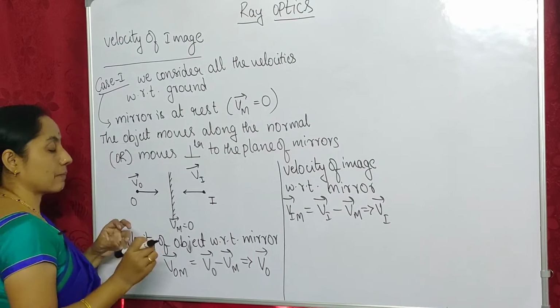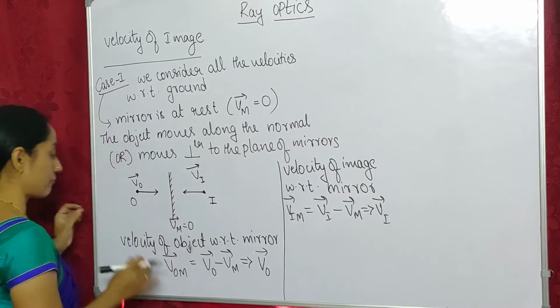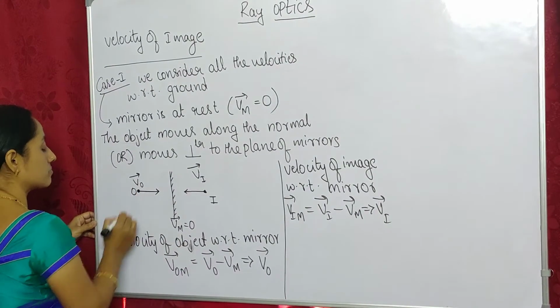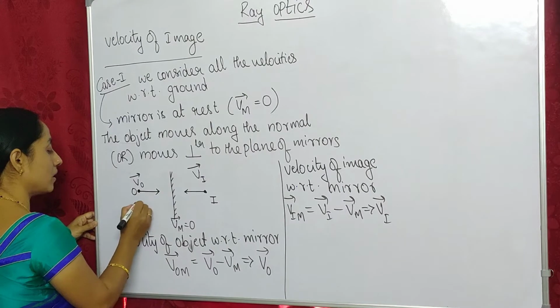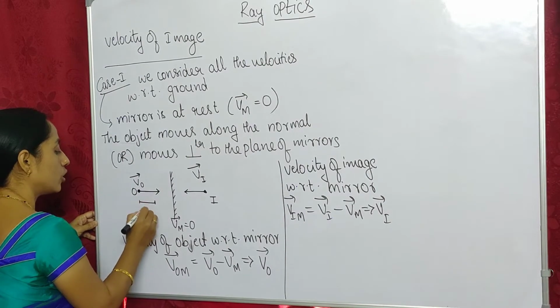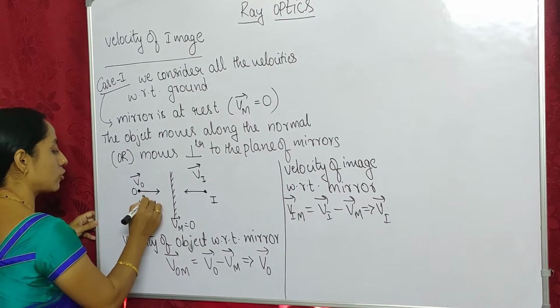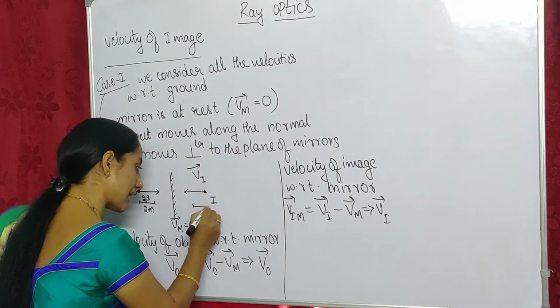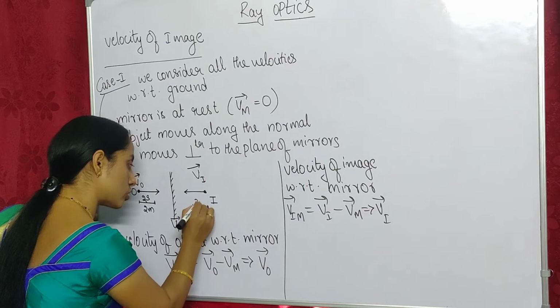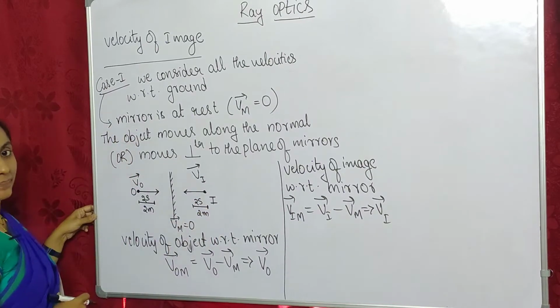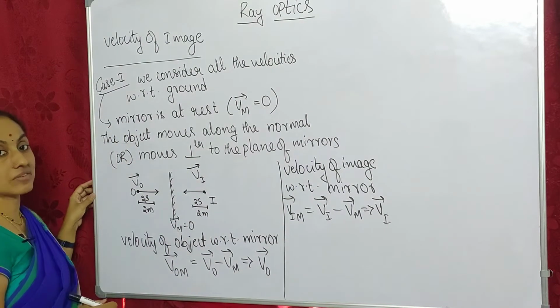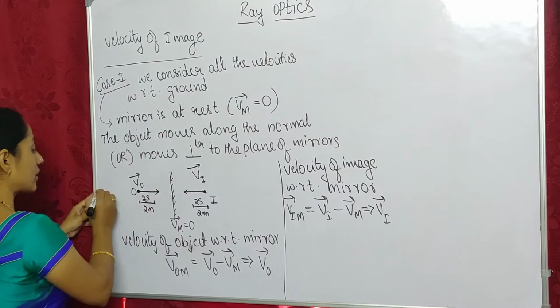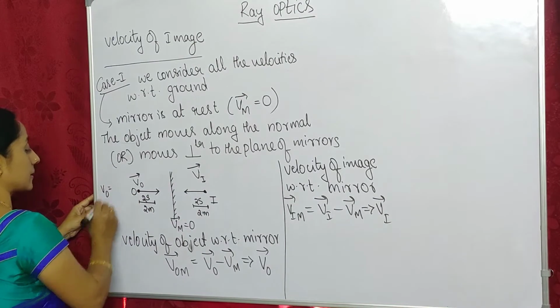Let us take an example. Let's get some feel over here. This is the object. Now, for example, object has moved 2 meter distance in 2 seconds time. Then, in the same 2 seconds time, does the image also move 2 meter distance or not? Because we know object distance is always equal to image distance. Now, calculate velocity of object.